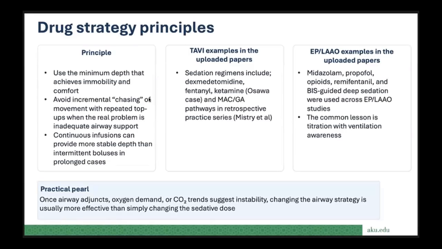So use the minimum effective depth, avoid over-sedation creep, and ask whether the procedure has outgrown the original airway plan. In other words, when patients keep needing more support, ask whether the problem is inadequate analgesia, inadequate airway strategy, or a mismatch between the patient and the planned sedation model.